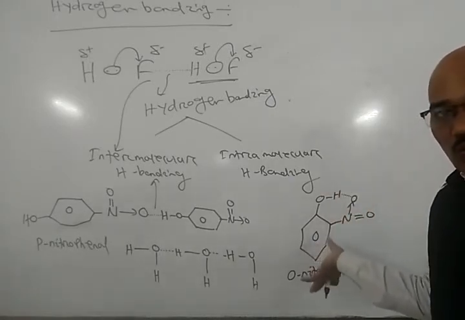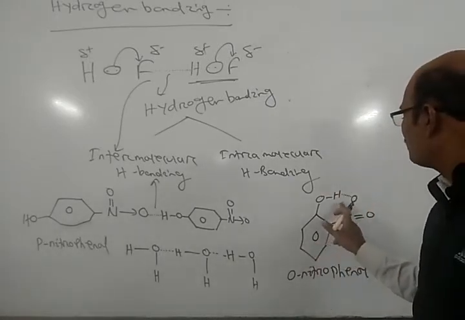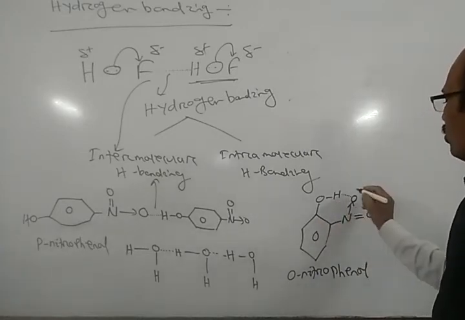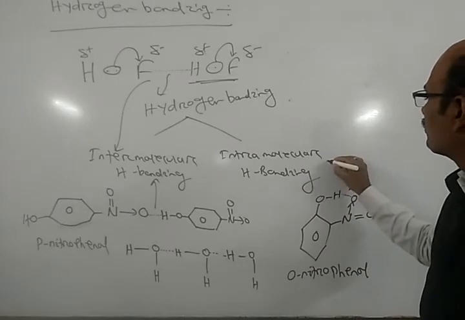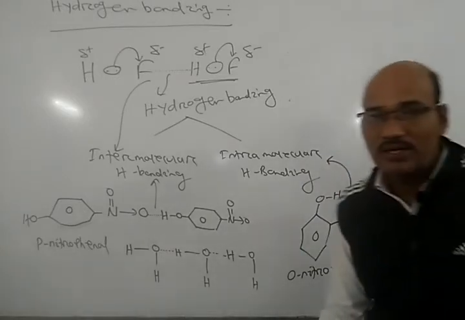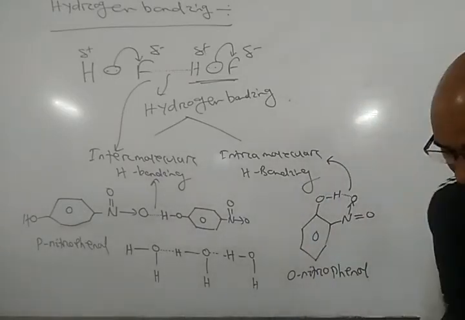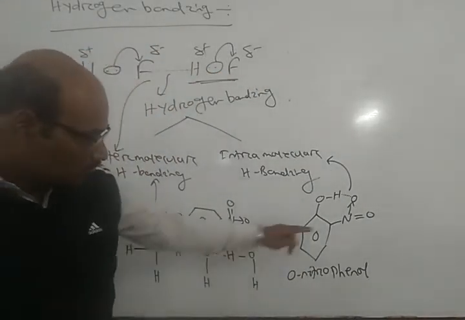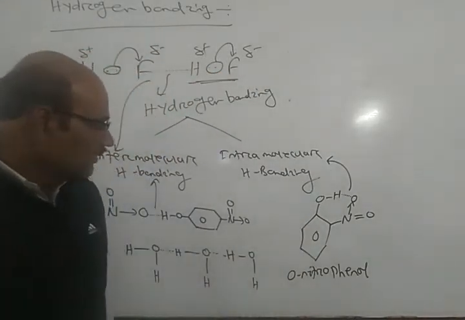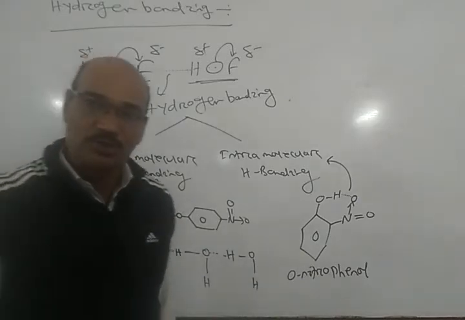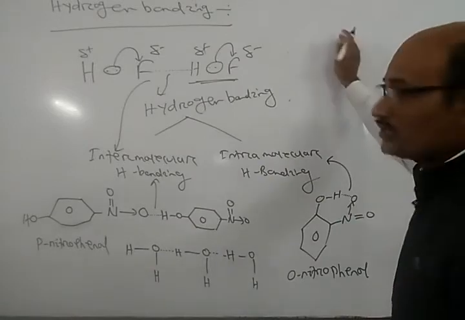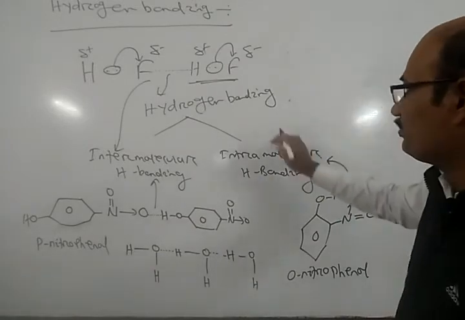Within the same molecule, we have hydrogen bonding between the H of this one and the O of this one. This is called intramolecular hydrogen bonding. So when we have hydrogen bonding within the molecule, it is called intramolecular hydrogen bonding.